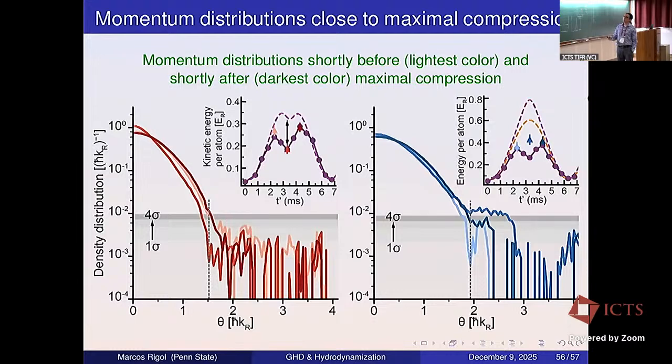So this is the repulsive and this is the attractive. But they are still far from the actual theoretical prediction. So they are missing kinetic energy that they just don't see. It's in the noise. They cannot detect it.